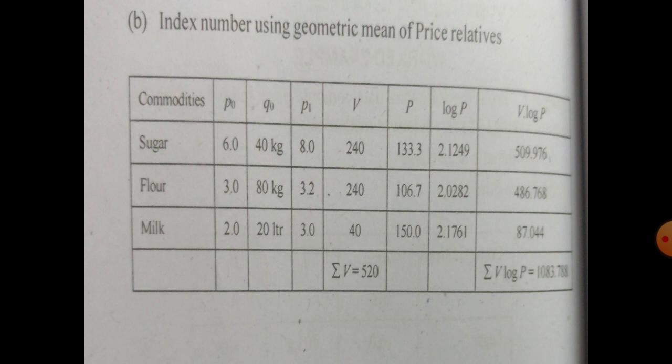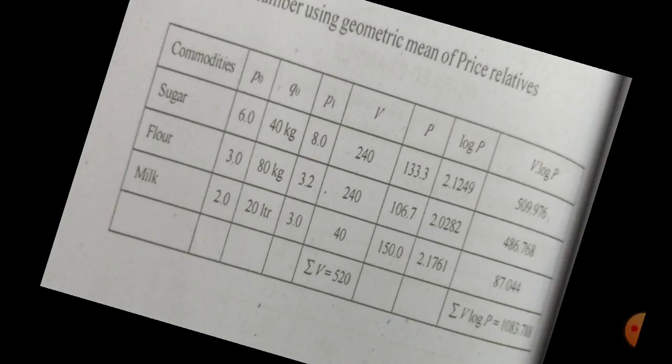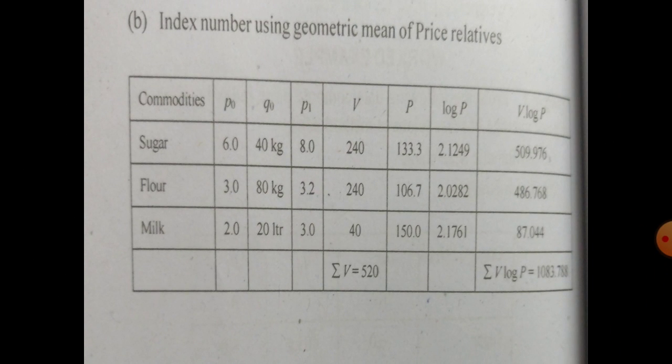2.0282 and 2.1761. We multiply it with V, so the first one is 509.976, then 486.768, then 87.044. So summation of V log P is equal to 1083.788.